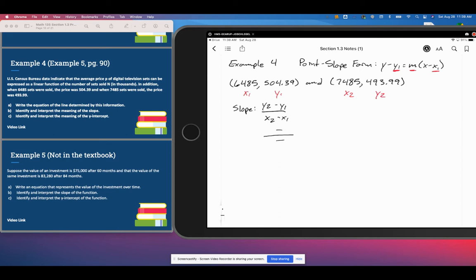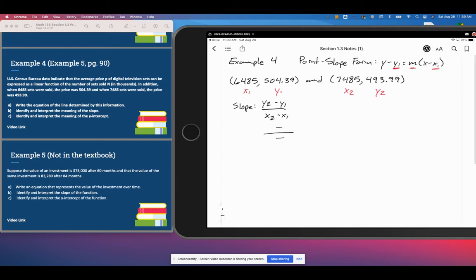And so to start, we've got y2 minus y1, which is 493.99 minus 504.39. And then x2 minus x1 is 7,485 minus 6,485.